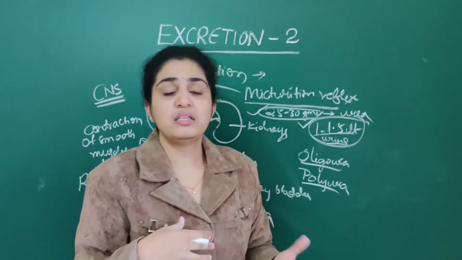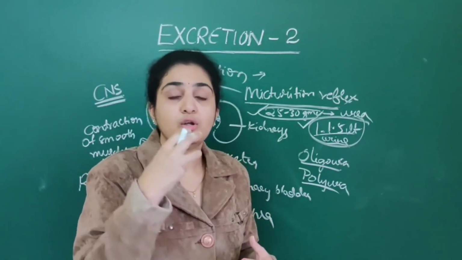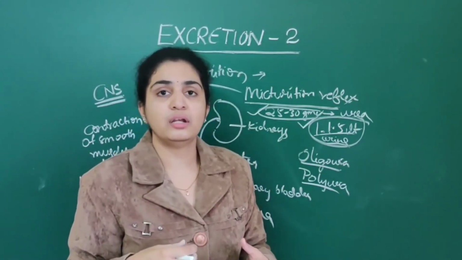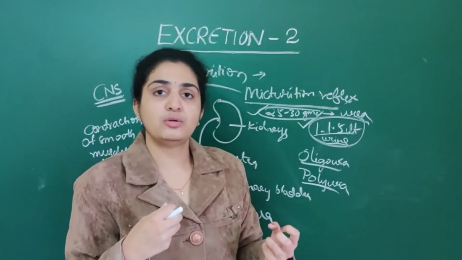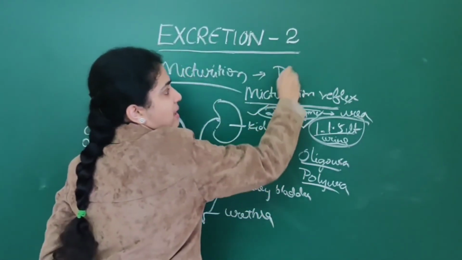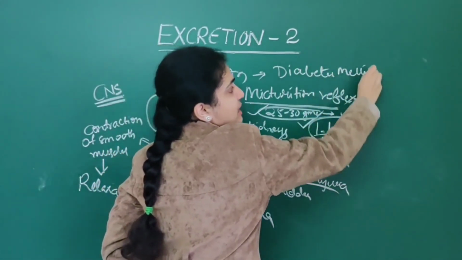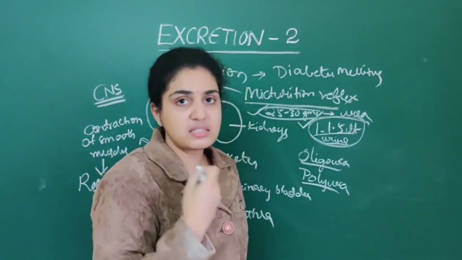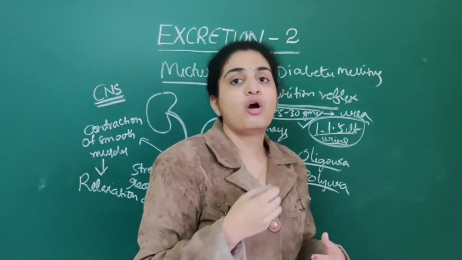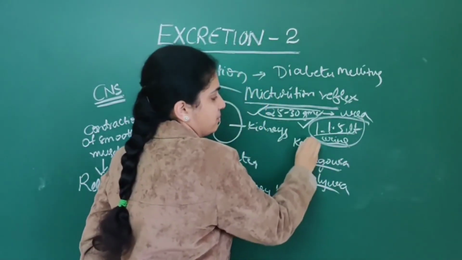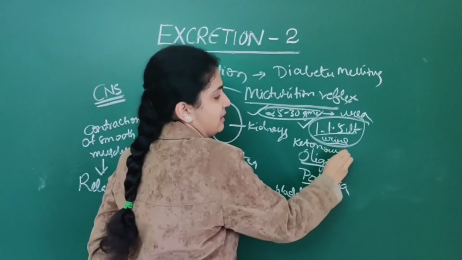You also get diseases if glucose is excreted through urine, which results in diabetes mellitus. If ketone bodies are excreted through urine, it is called ketonuria.